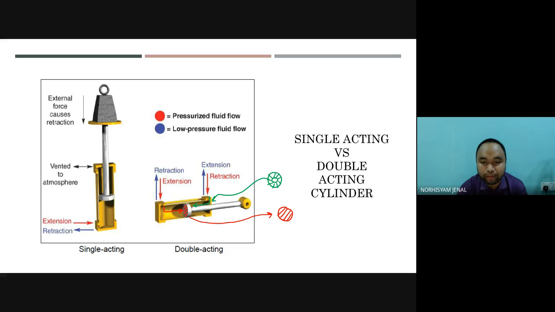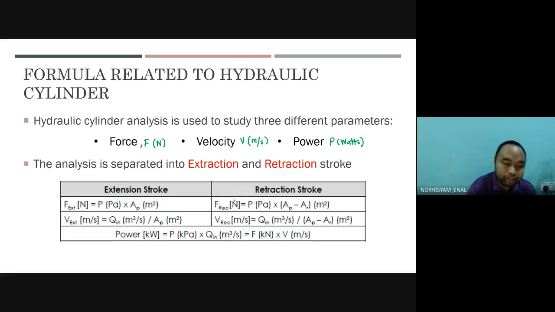Because we have a rod over here in the middle and this space is no longer available to be pushed by this liquid. So is it the same? No. So the area for retraction should be smaller than the area for extension. Because of that, we might have a different force acting towards the piston. So we have two different forces.